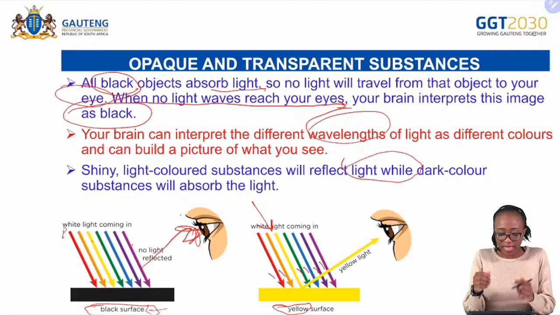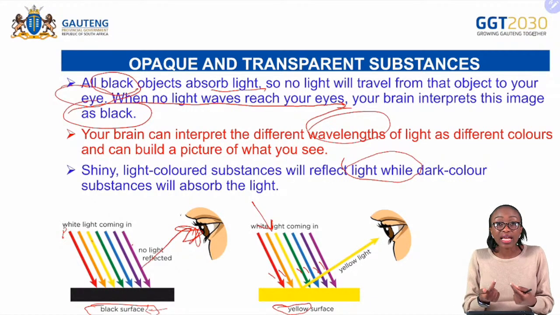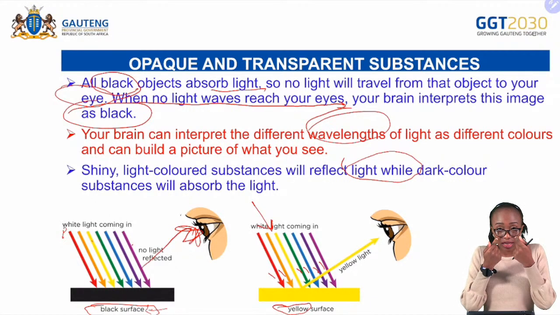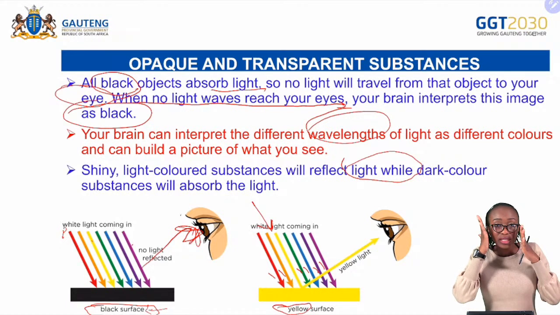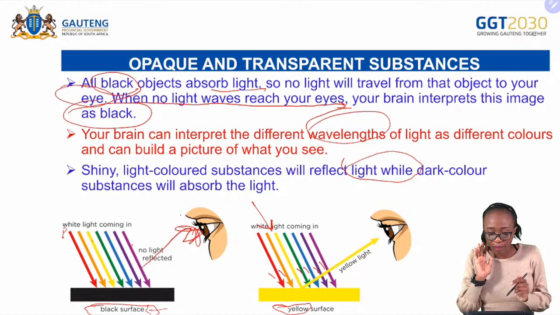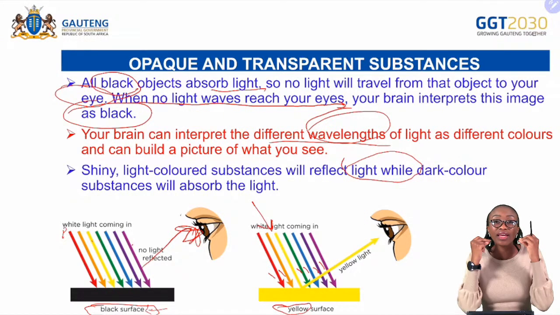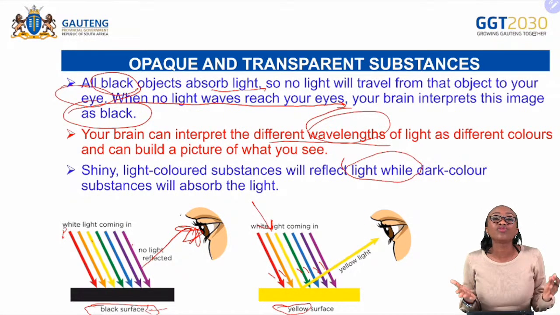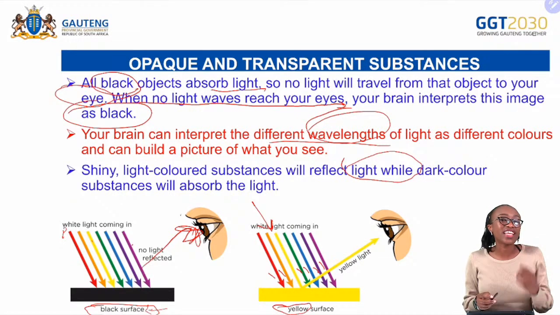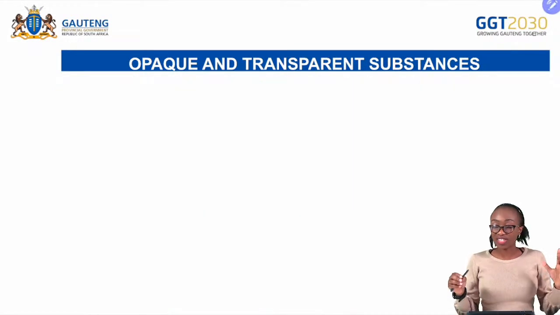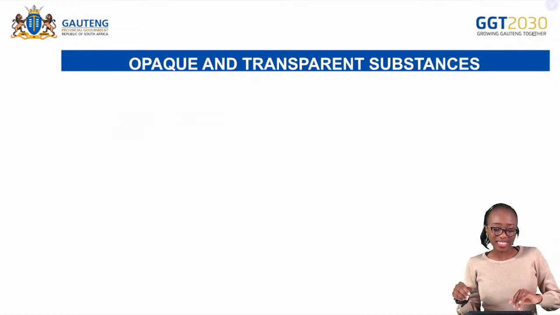As it is being reflected, the yellow light enters the eye, and then the brain does an interpretation. Remember, our brains are so amazing, they can interpret different wavelengths of light, so it catches on the wavelength of the color yellow, and then voila, you see yellow. So that's how we are able to see different colors of different surfaces.